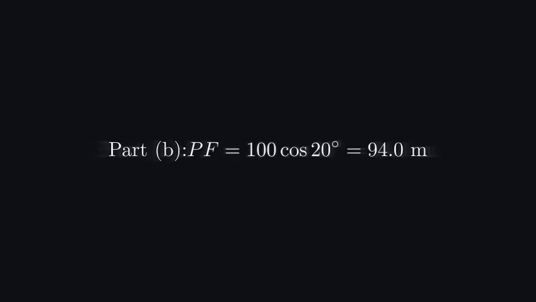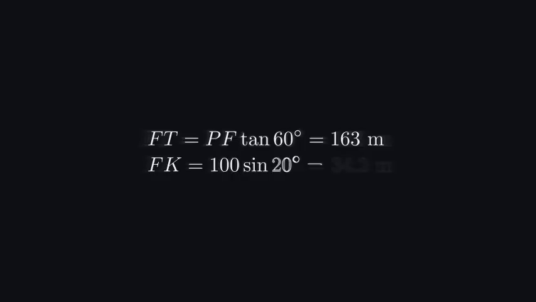Part B. FT equals PF tan of 60 degrees equals 163 meters. FK equals 100 sin of 20 degrees equals 34.2 meters.